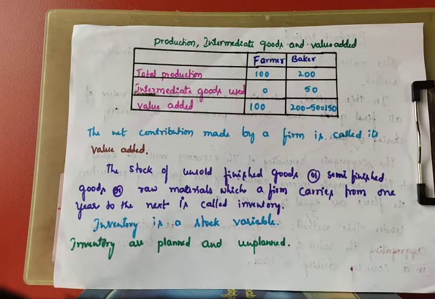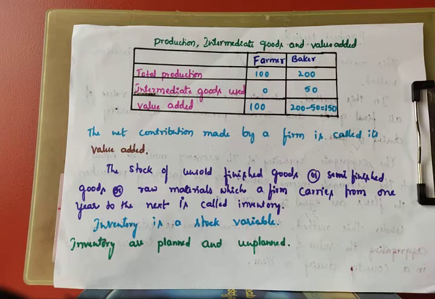The farmers produced rupees 100 worth of wheat. Out of this, a part, rupees 50 worth of wheat, they sold to the bakers.